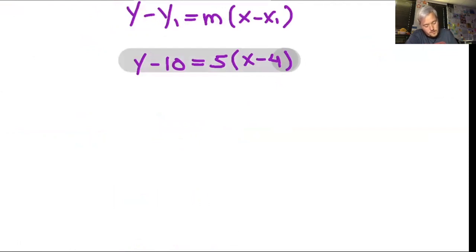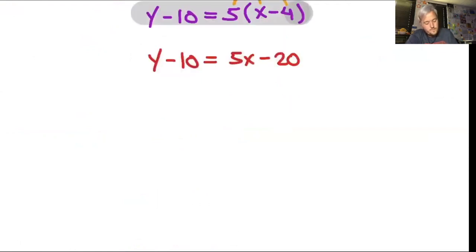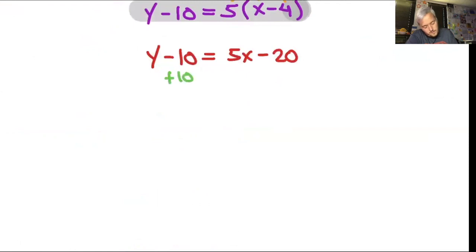So now I'm going to distribute. Oh my gosh, why is that one darker? Everything's not fine. All right, so y minus 10 equals 5x minus 20. So I'm going to add 10 on both sides. So y equals 5x minus 10.